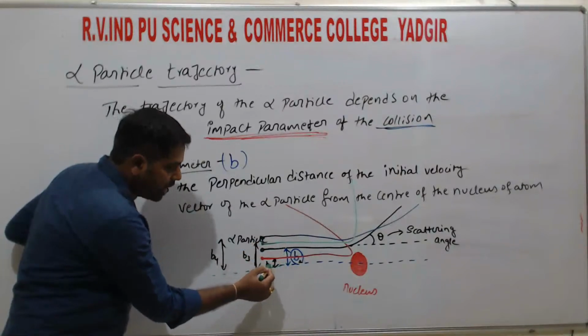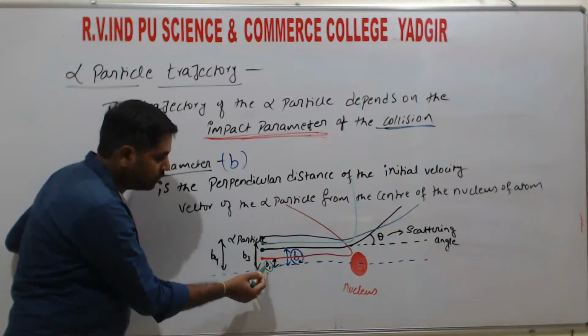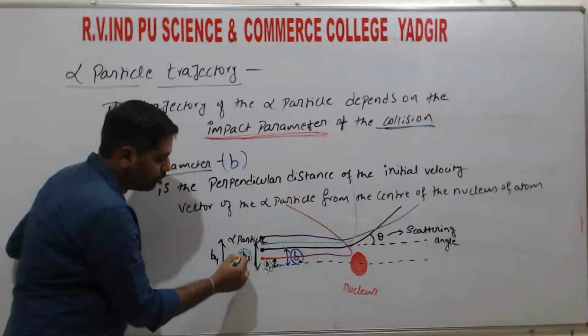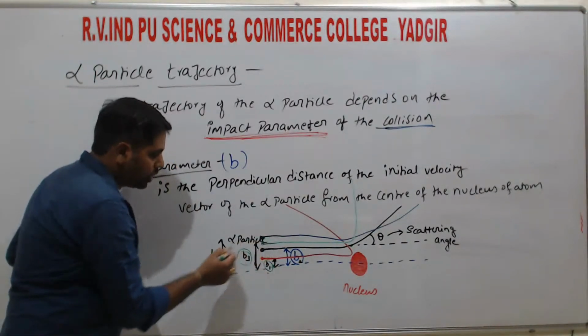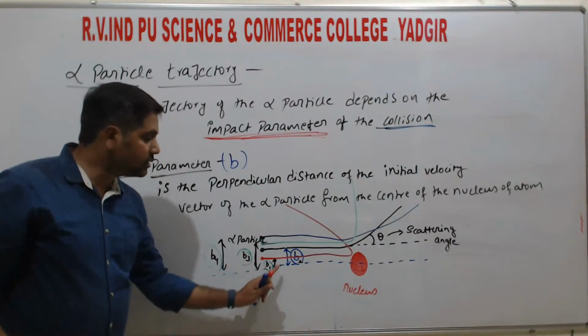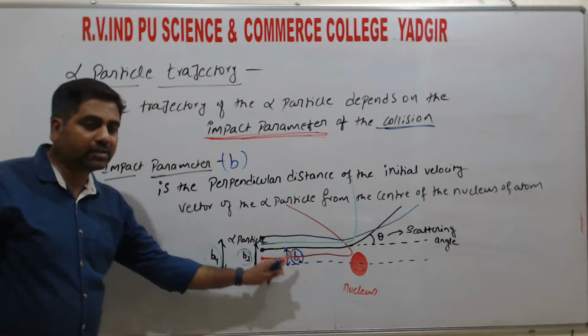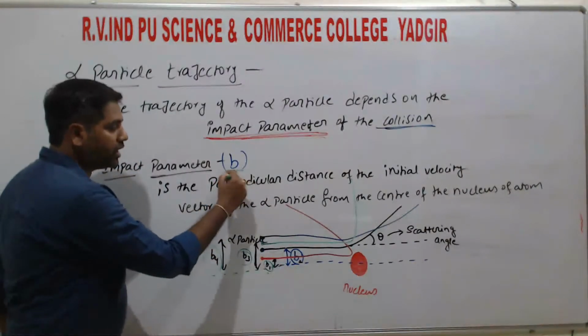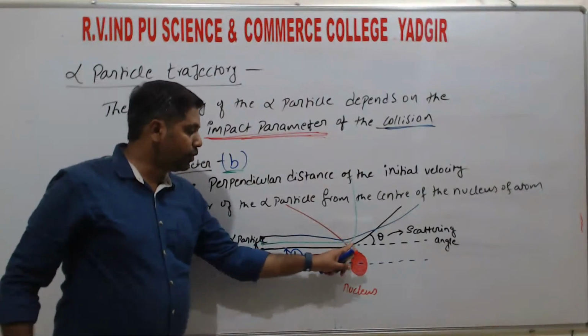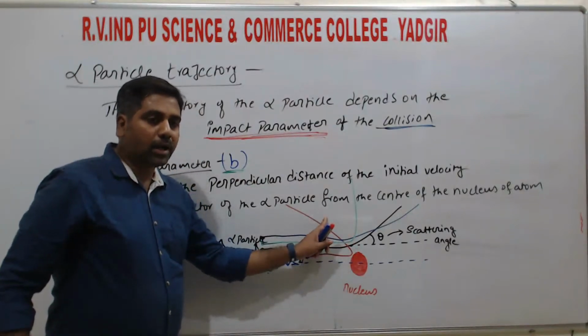That is, for red we have B1, for black we have B2, for green we have B3, and for blue we have B4. So these are the impact parameters. That is, the perpendicular distance varies for each alpha particle. For that reason they trace different paths, right?